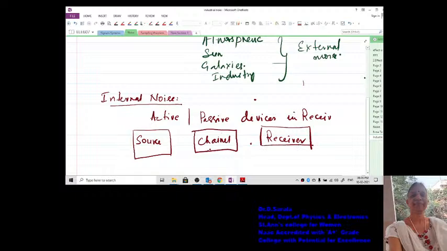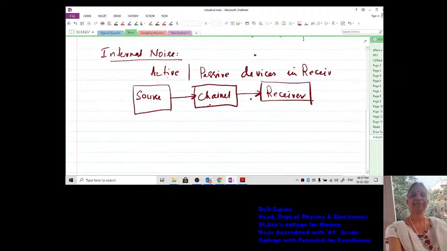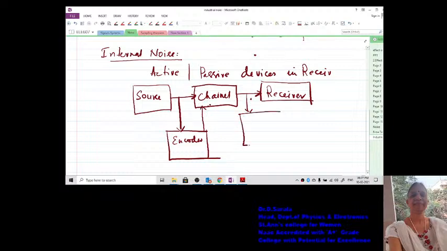Before the source reaches the receiver, we have what is known as a channel. Before this, you also have an encoder, and before it reaches the receiver, you have a decoder.